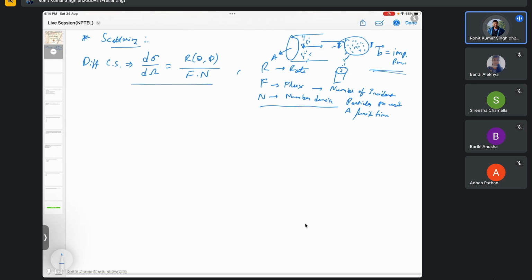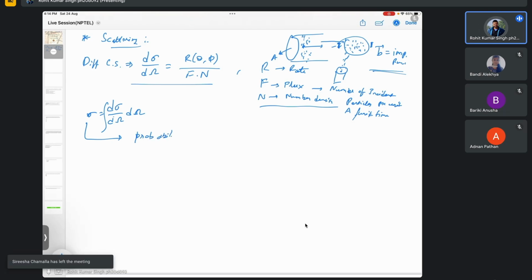When we go to the quantum realm, the differential cross section can be integrated over the total solid angle, and this cross section is interpreted as the probability of scattering.